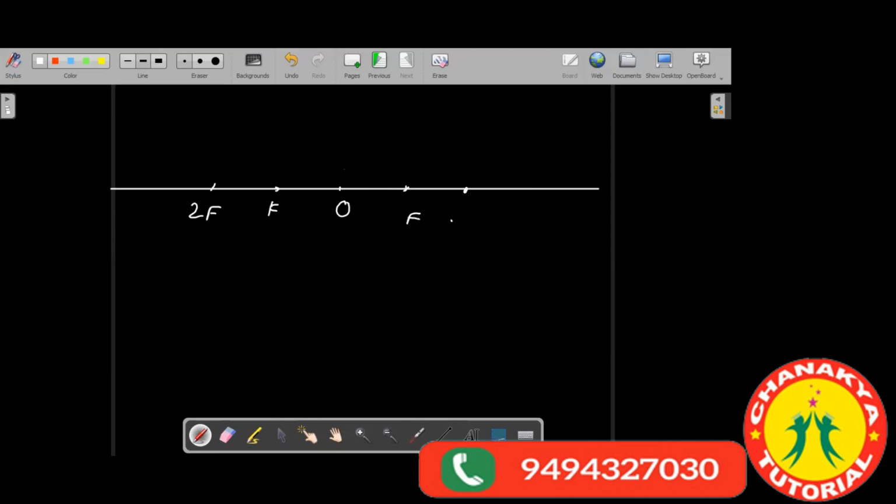So this is F1, 2F1, F2. Sorry, I'm making them in the opposite order. Here they have 2F1, F1 and F2, 2F2. Make your lens with the help of a compass. I'm just drawing the lens simply without any compass. Your diagram should be neat and clean with the help of a compass.